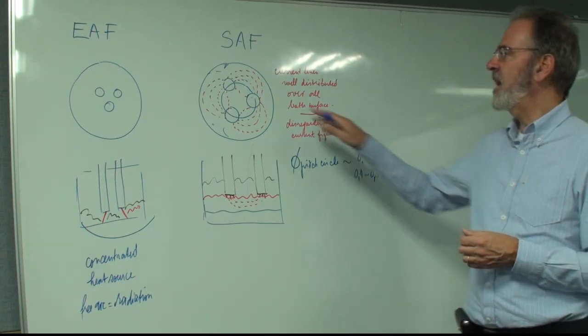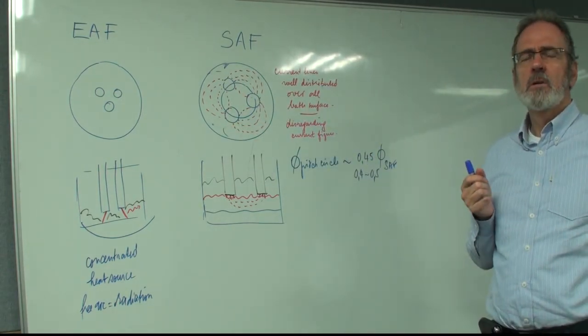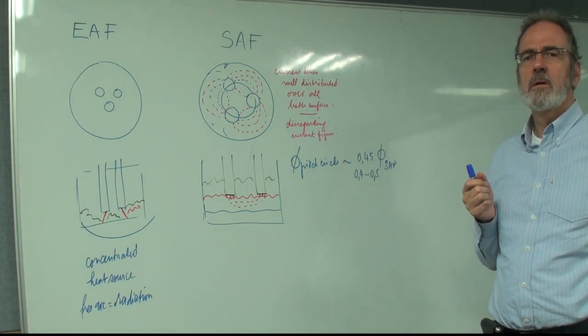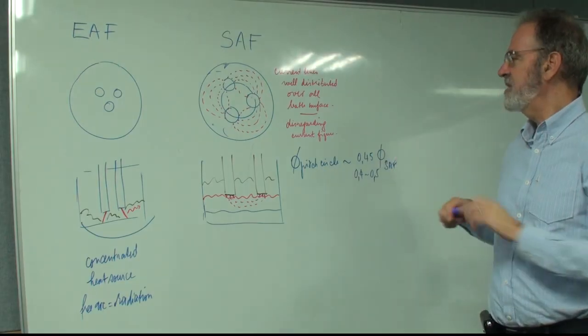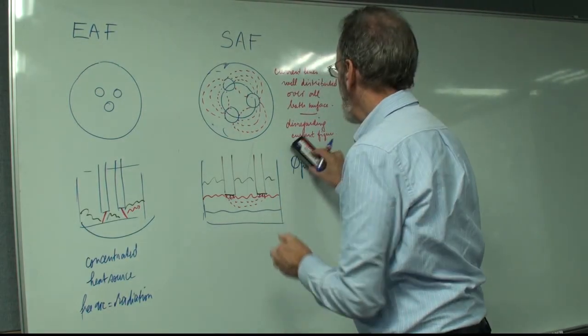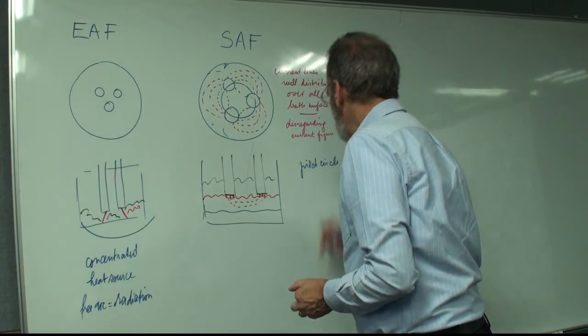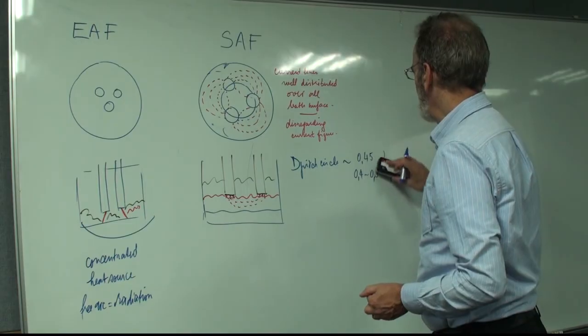How to calculate? 0.45 times the diameter of the SAF. This is diameter, if you want, I put it like this. Diameter, if you prefer.